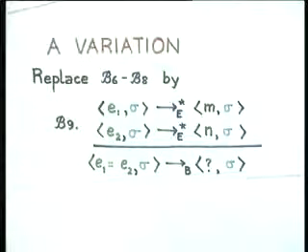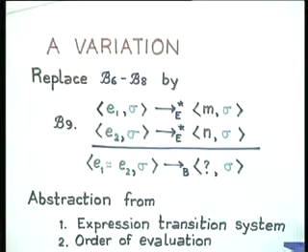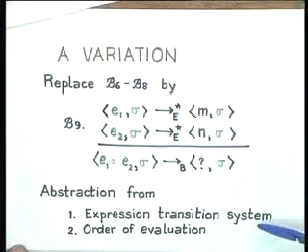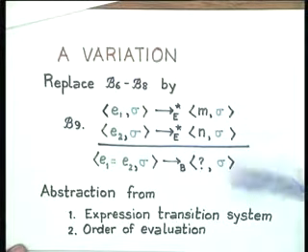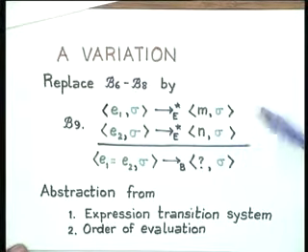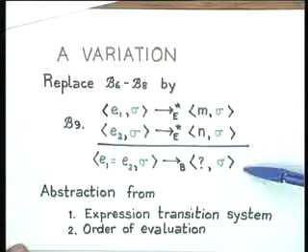So this way you provide an abstraction from the expression transition system, and another important thing is that by giving a rule of this form you have clearly abstracted away from the order of evaluation of expressions.